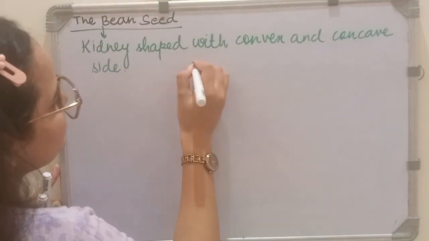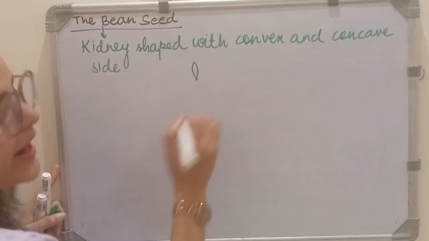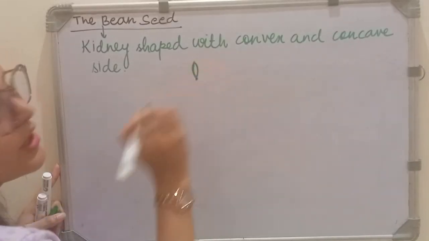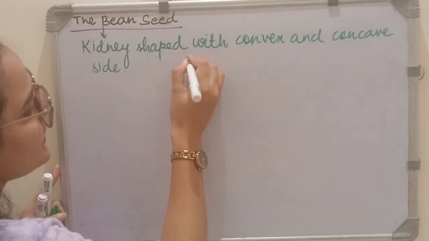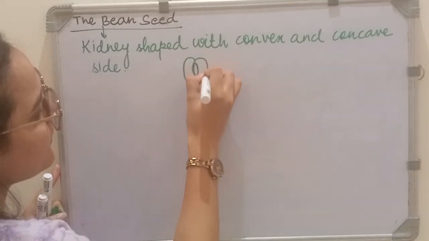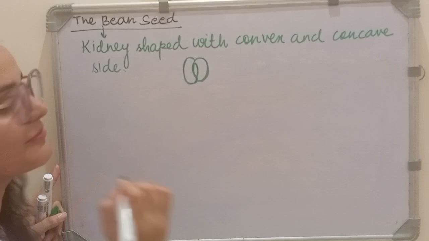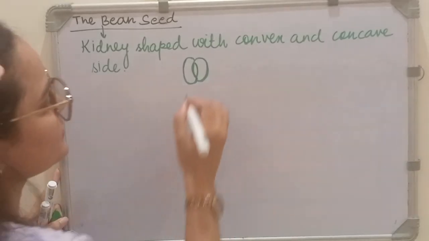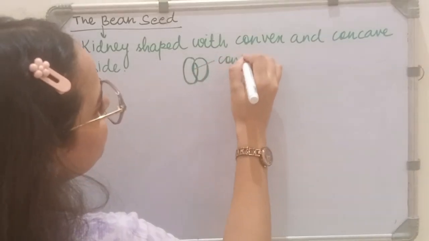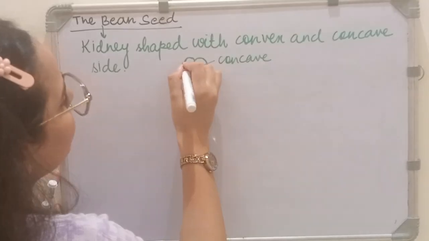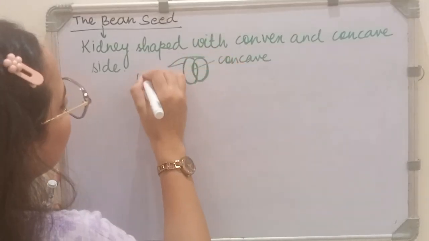Suppose this is the bean seed. So the inner part, this part is the concave side and the outer bulky part is the convex side. So inner part is concave and outer part is convex.